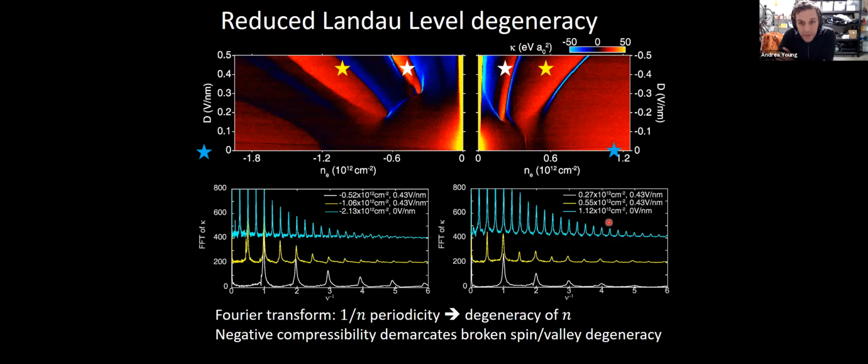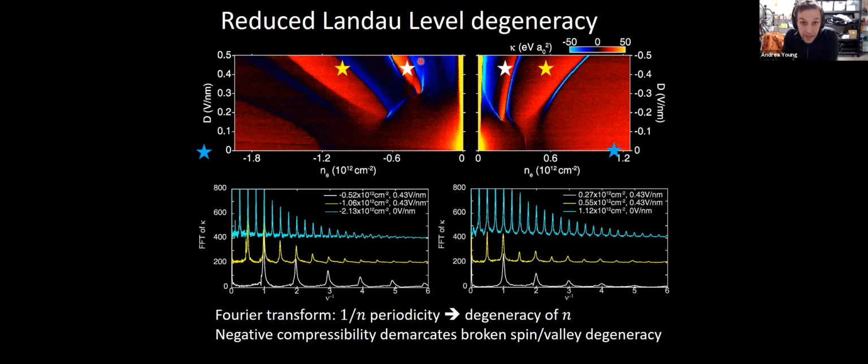So one way we can try to probe what's going on is to look at quantum oscillations. This is a typical way to probe the degeneracy of the Fermi surface. And so we can take measurements of quantum oscillations in this first regime here on the left of this phase transition, the second regime, and then out here in this high density regime.